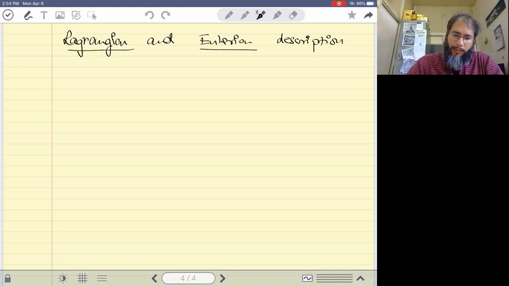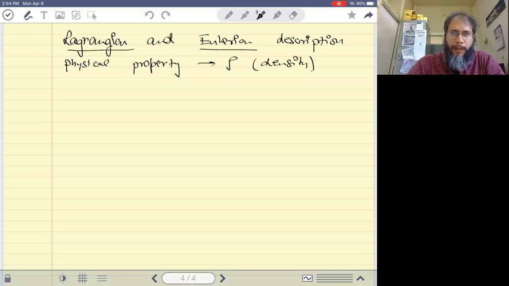All right, so let's think of a physical property. Let it be density. Now we can express this density as a function of capital X and t.